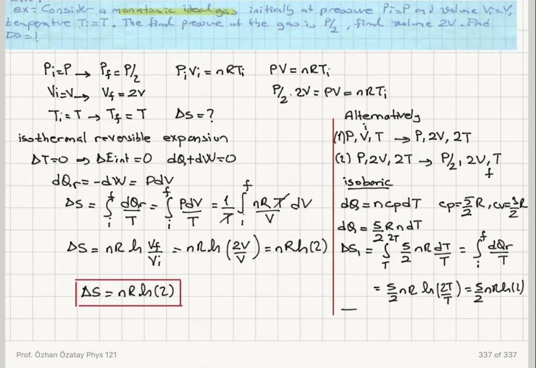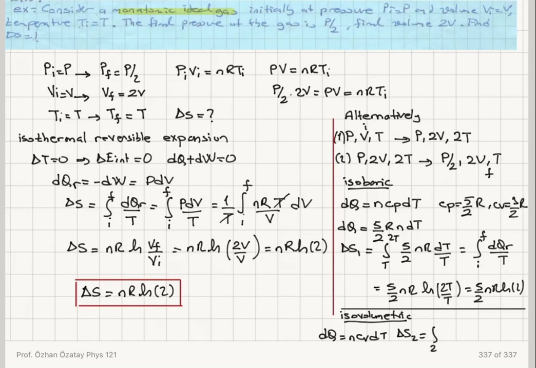Now I go to the second process, which is isovolumetric. In the isovolumetric process, I have dq equal to n Cv dT, and this time I will have a change in entropy in the second step.